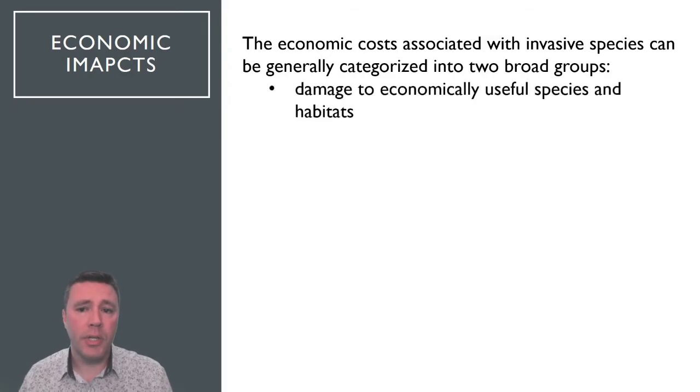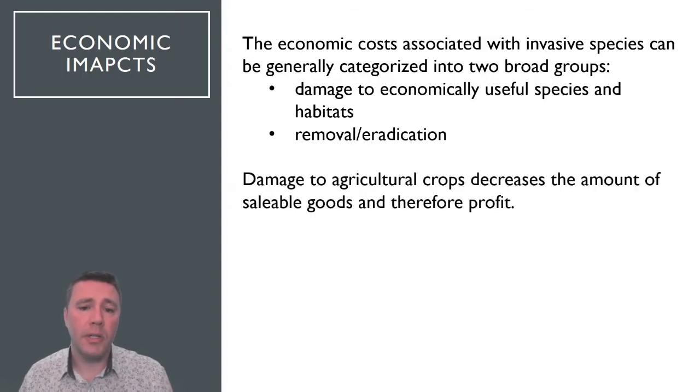The first is the economically useful species and habitats that we rely on for agriculture and tourism. And then the second is the cost that's associated with the eradication or removal of invasive species. The damage that occurs to agricultural crops results in less harvestable material and therefore fewer profits.